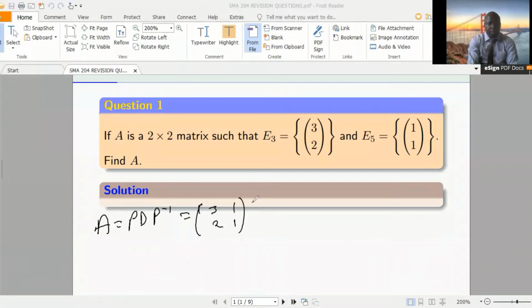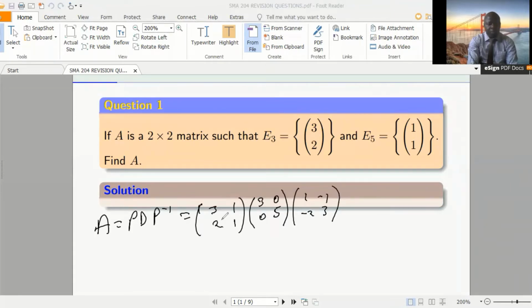Then D, we wrote D by writing the eigenvalue that corresponds to the first eigenvector, and that eigenvalue is 3, and cover the rest by 0. Then there's a 0 here. Then the second eigenvalue was 5. What about P inverse? Our P inverse was 1, negative 1, and negative 2, 3. So we multiply these matrices in the order in which they appear to find A.